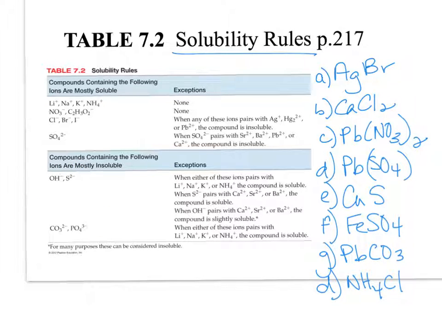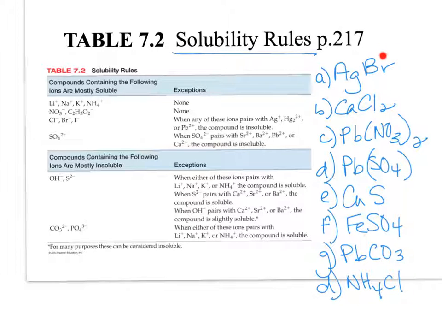And I can see that I do have bromine right here listed as being mostly soluble. Next thing I'm going to do is look across and see if there's any exceptions. So with bromine as my negative ion, it looks like it's going to be a soluble compound. And then looking over at the exceptions, it says when any of these ions pair with silver, the compound is insoluble.